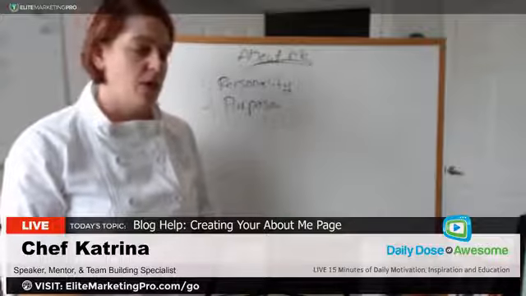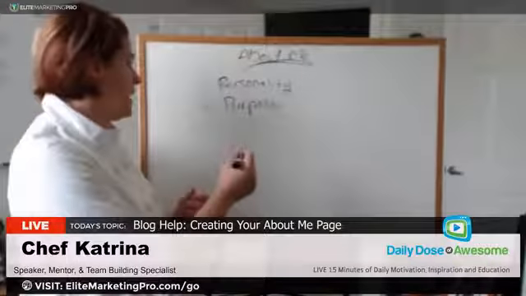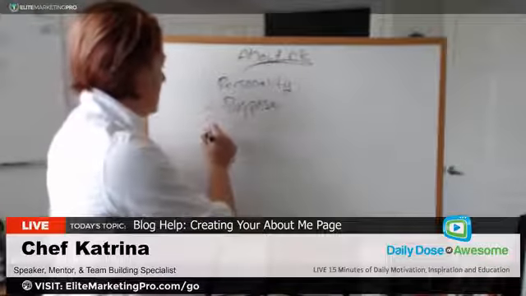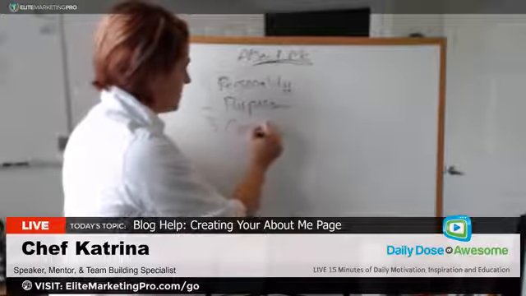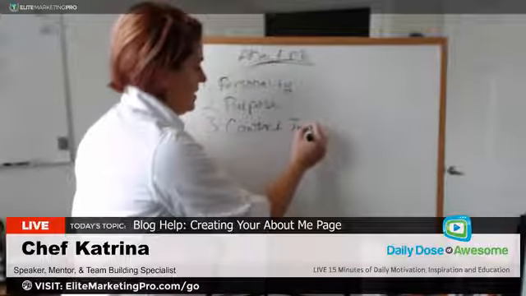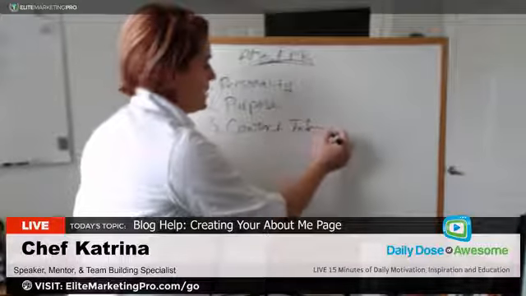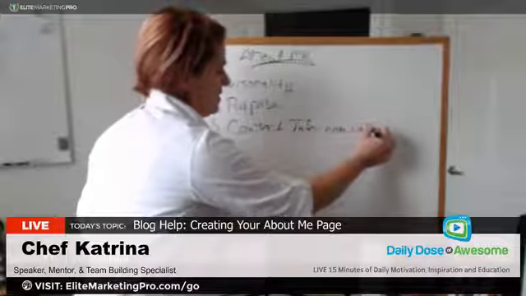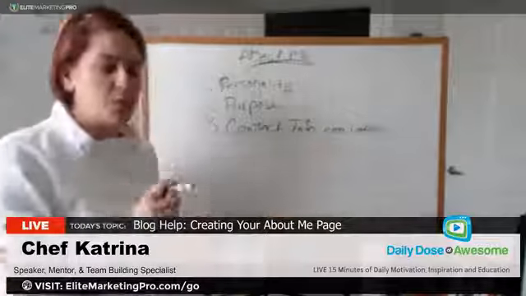The third element, now this is funny because I'll tell you this actually works. The third element is contact information. So contact is probably most important, and especially an email address. So here's what happened.